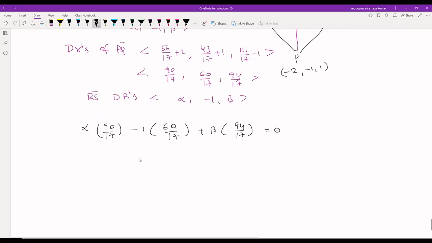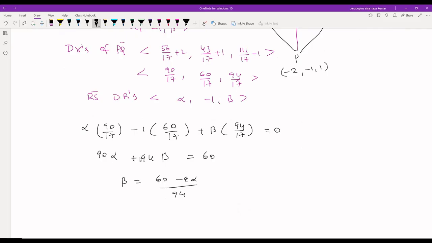So try to calculate that. 90 alpha plus 94 beta equal to 60 we will get. And beta equal to, you can write, 60 minus 90 alpha by 94.